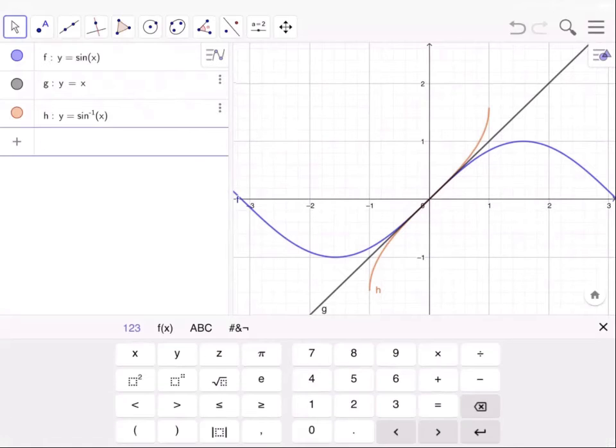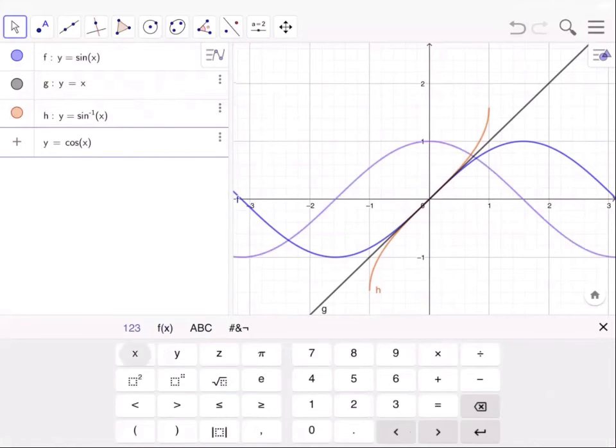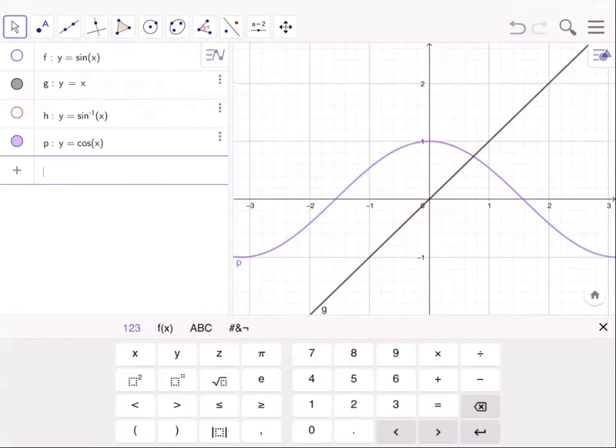Similarly, we could do the cosine. The cosine of x. And then the arccosine.